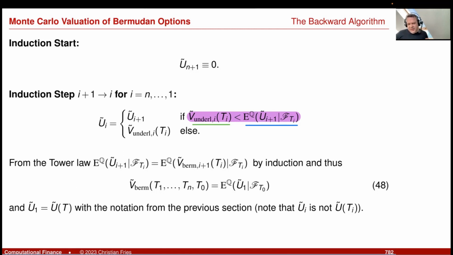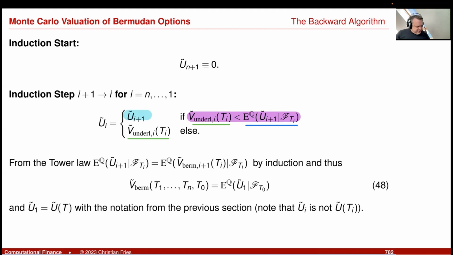But there was a subtle modification. If the underlying has a higher value, we exercise, so we get the value of the underlying. But if we do not exercise, we just take the random variable that contains on every path the values of the underlying that we get at the corresponding future exercise time.